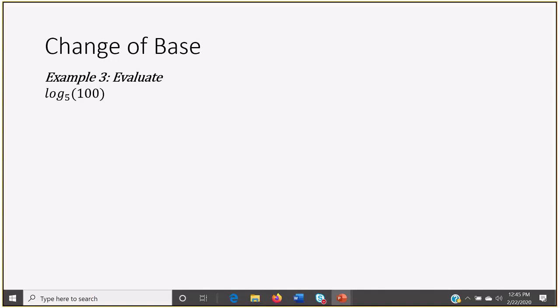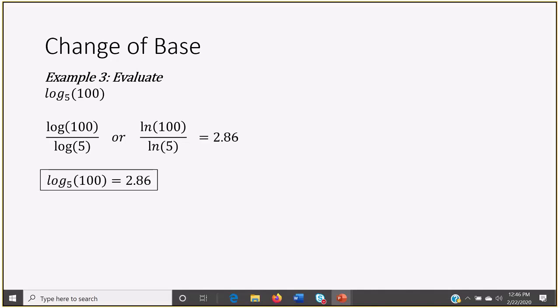So in order to evaluate it, you would have to use the change of base formula, which says if I have a log base 5 of 100, that's the same thing as log of 100 over log of 5. Or it's the same as ln of 100 over ln of 5. Either of those are fine. You could throw them in your calculator. You would evaluate to get 2.86. That's the end of this section.